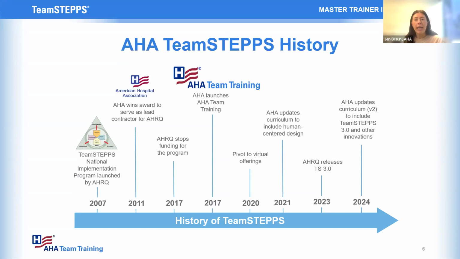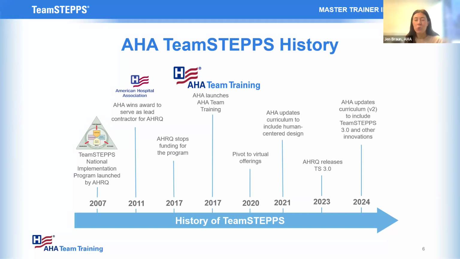For those of you who haven't heard, ARC released TeamSTEPPS 3.0 in 2023. This is simply an updated version. Ultimately, it includes a couple of new tools along with some key themes to the healthcare landscape that have changed over time. The curriculum of 2.0 was updated, I want to say, in 2014, so a lot has changed in that time.